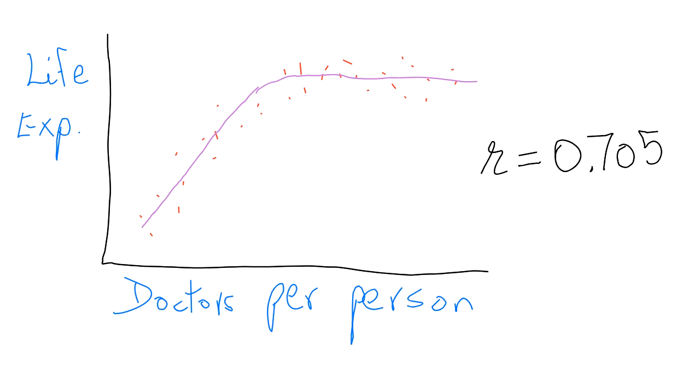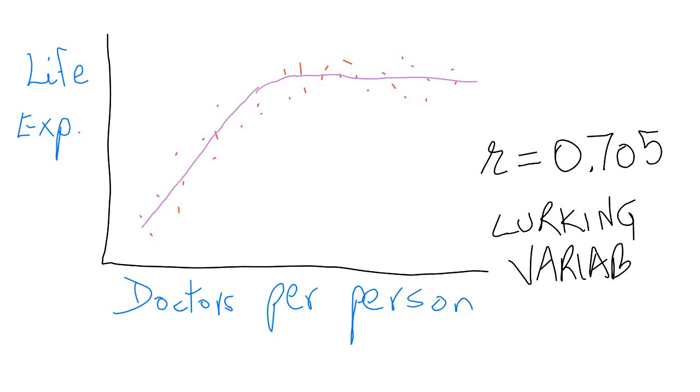So that means there's something else going on here. I'm going to bring your attention to this term called lurking variables. A lurking variable is something else that's going on. So let's think about this. Is it really the number of doctors per person that is increasing life expectancy?